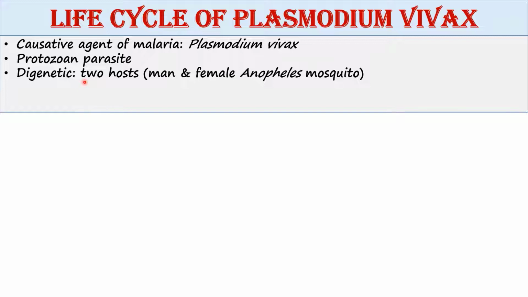The two hosts are man and the female Anopheles mosquito. Its life cycle includes both asexual and sexual phases. The asexual phase is completed in man, and the sexual phase is completed in the female Anopheles mosquito.